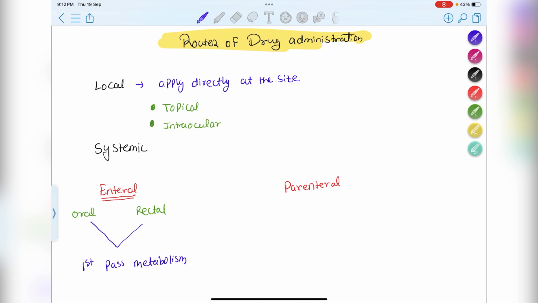And in parenteral we have intravenous injection, intramuscular, subcutaneous. Like that, the routes by which we skip the GI tract are parenteral.